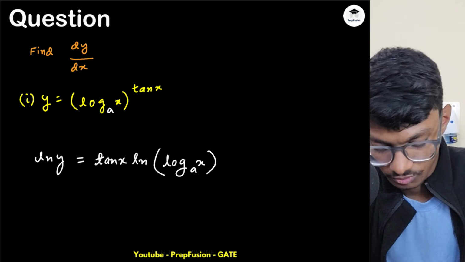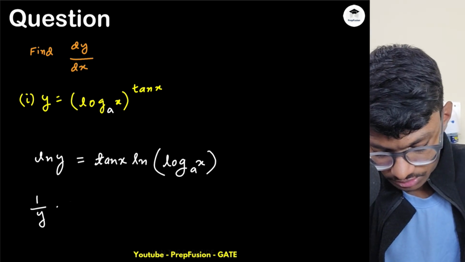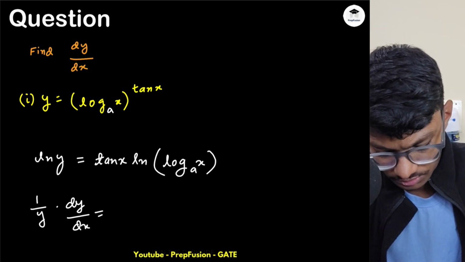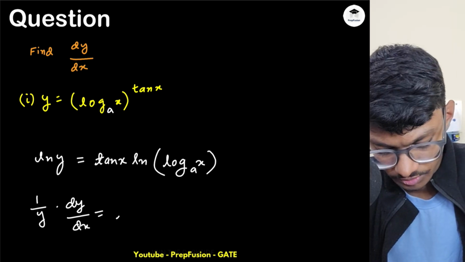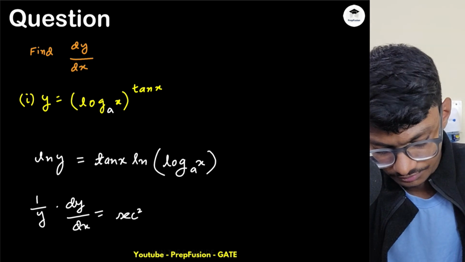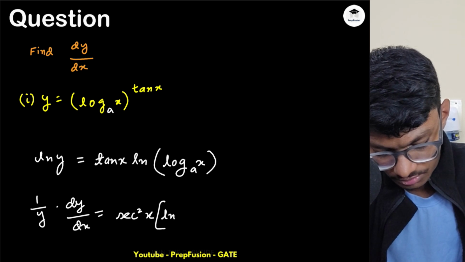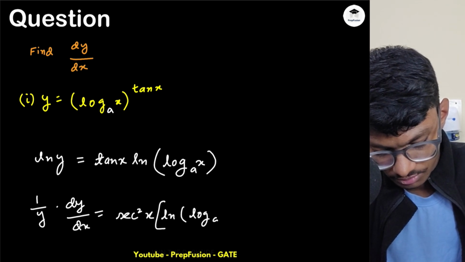Now we differentiate on both sides. So this will be 1 by y into dy upon dx. Now I will apply the chain rule. So this will be sec square x into ln of log of ax.